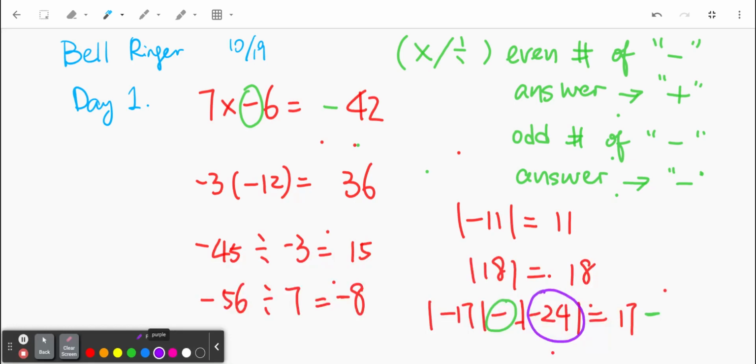Positive 24. Okay? So after you get rid of the absolute sign, you got those positive numbers. So now we have 17 minus 24. So 17 minus 24 is what? Janila? Very good. It's negative 7.